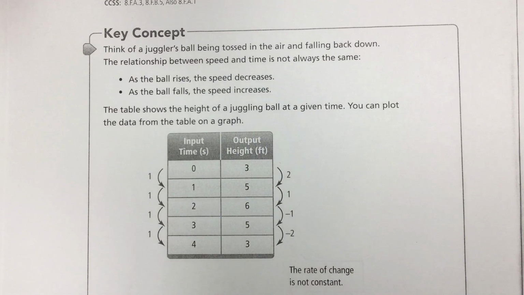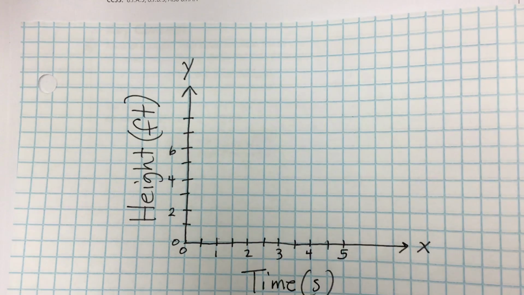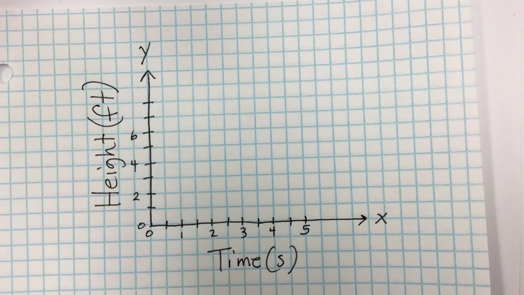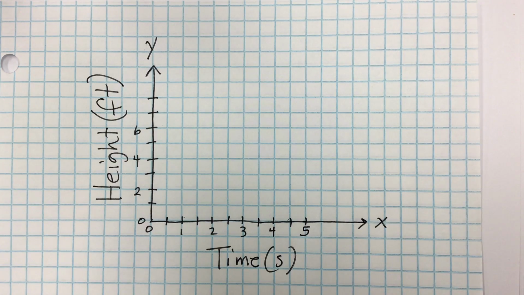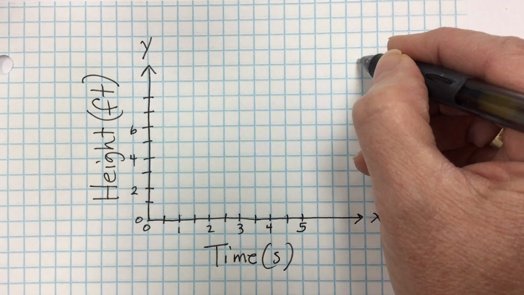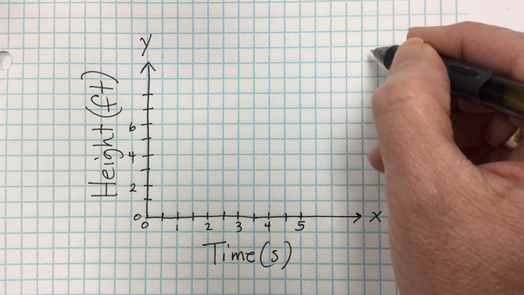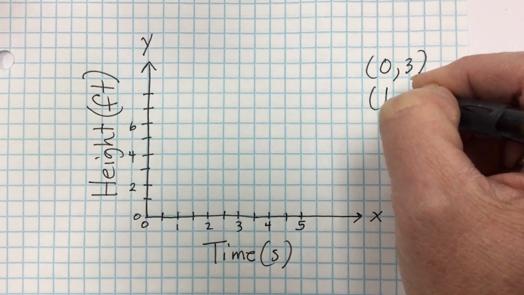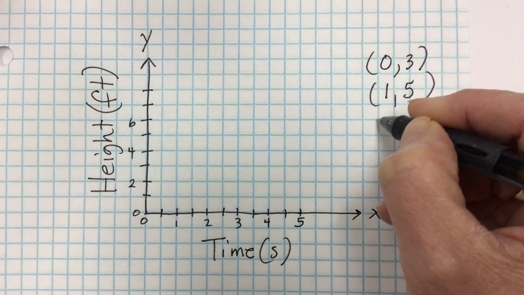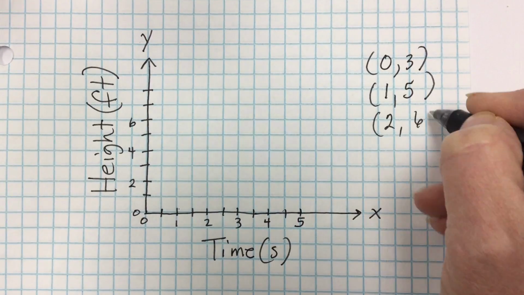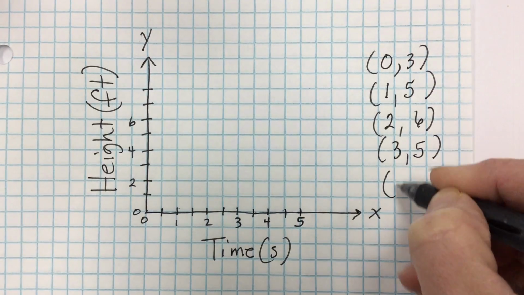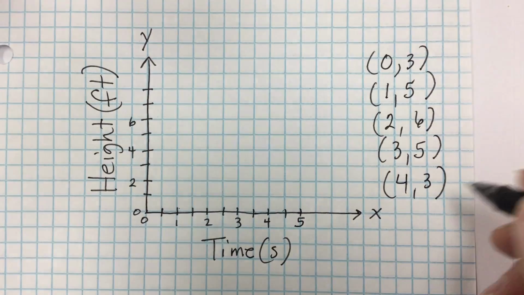So what I want us to do now is graph these points, okay? So we have the points 0, 3, 1, 5, 2, 6, 3, 5, and 4, 3.